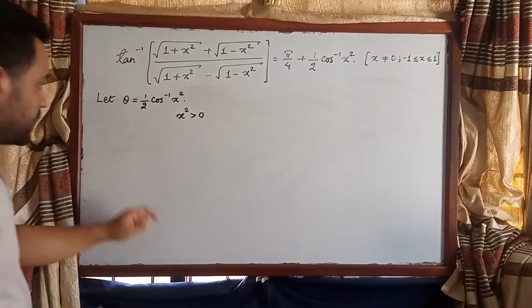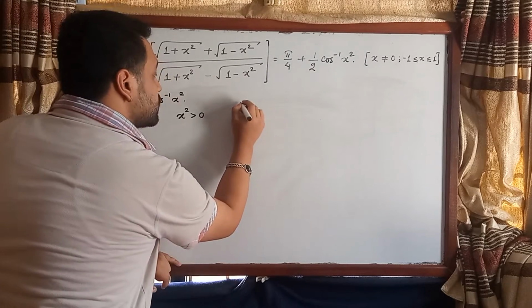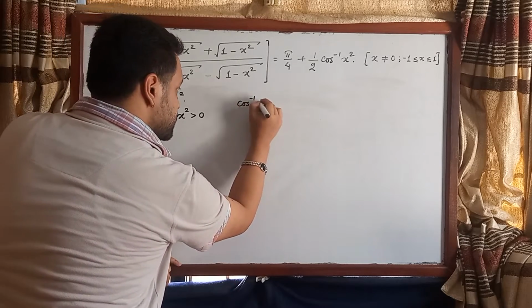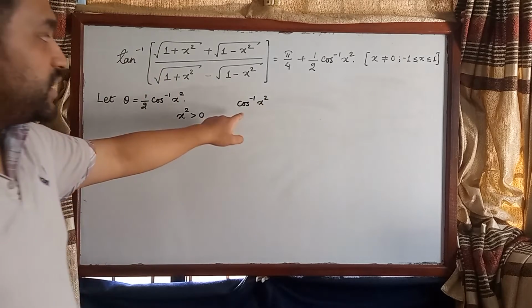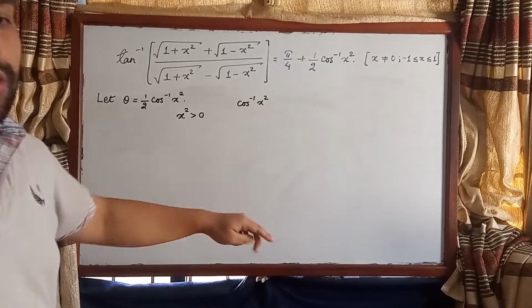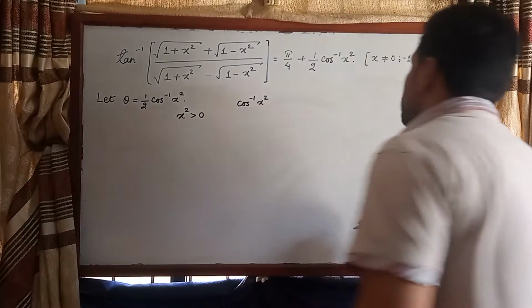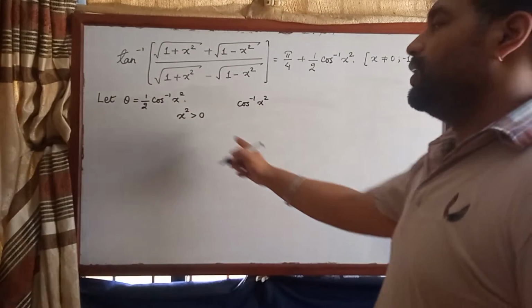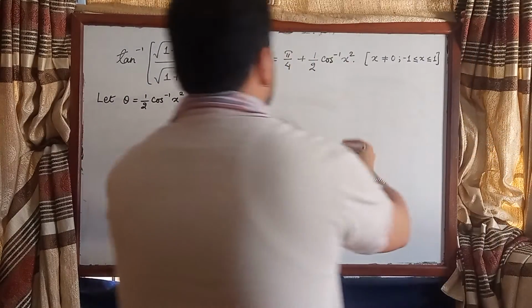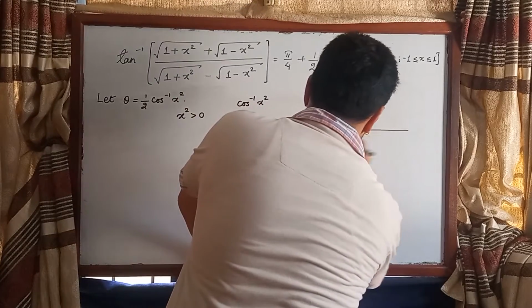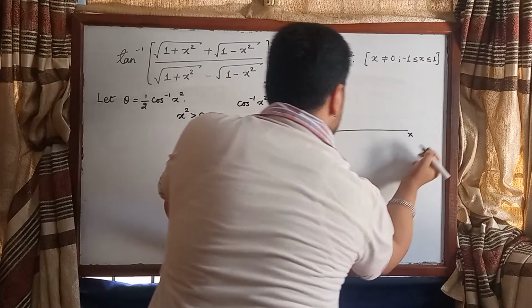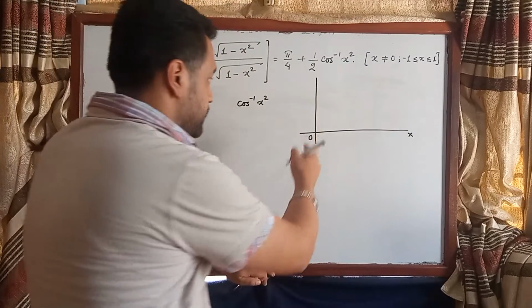Now, let's look at the possible values of cos inverse of x squared. Since we're dealing with inverse circular functions, we need to work with only the principal domain of the cosine function, okay? So, the principal domain for the cosine function is the closed interval 0 to pi.